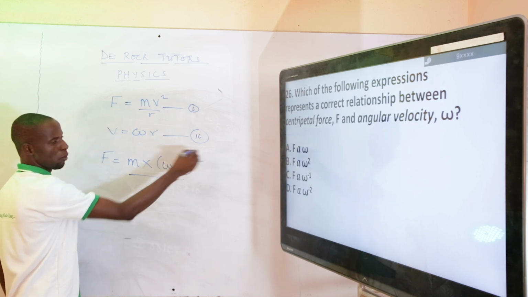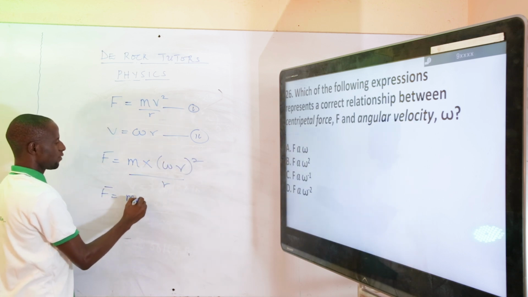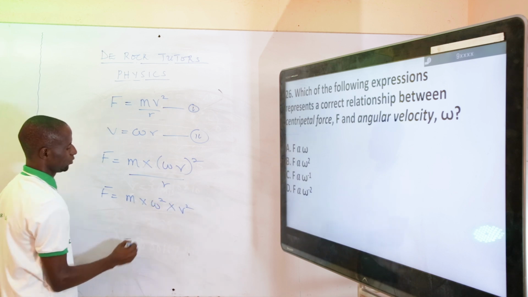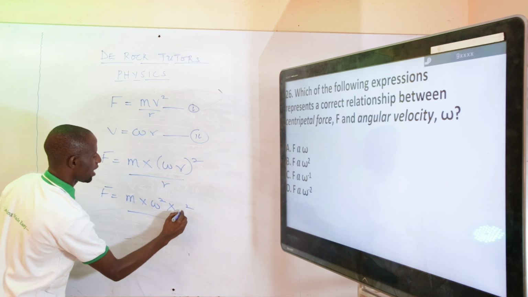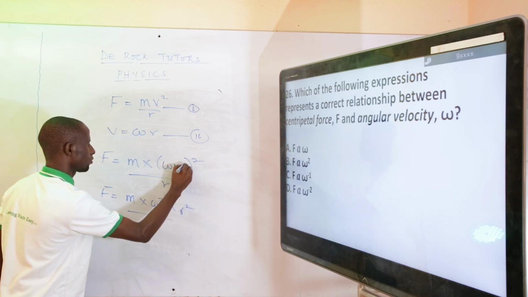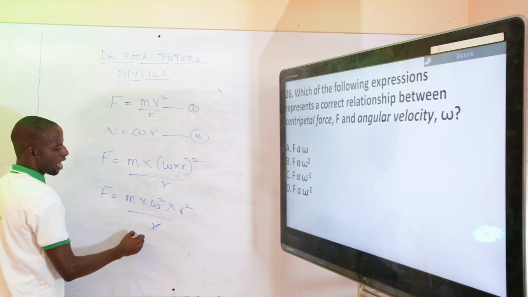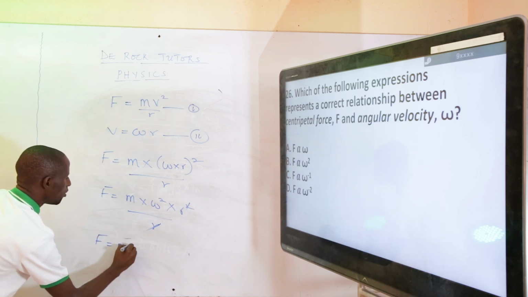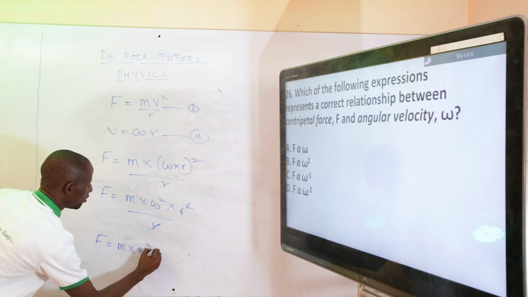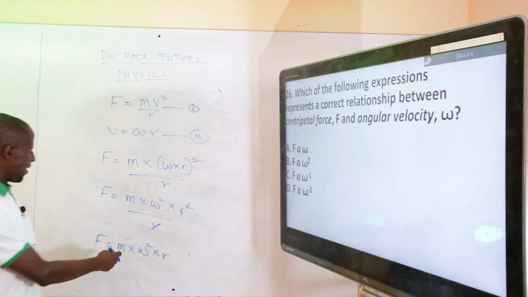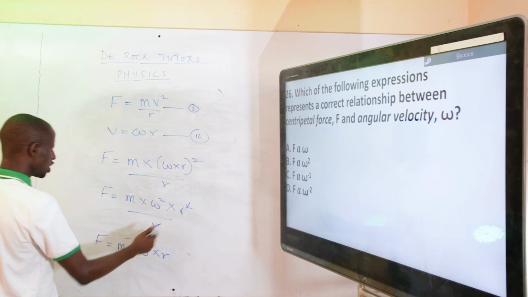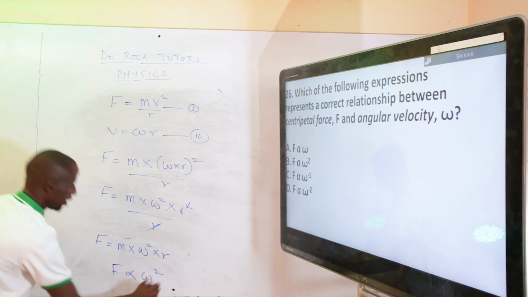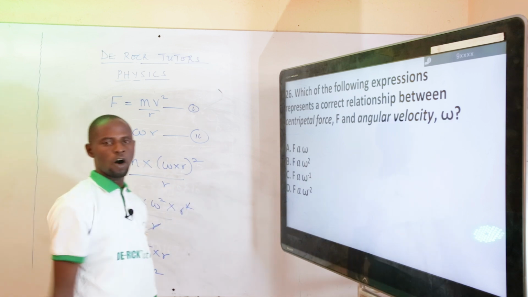When you open the square at the numerator, you have m multiplied by omega squared multiplied by r squared, divided by r. So r will cancel one r here, and we are left with F equals m omega squared r. Assuming m and r are constants, the relationship will be F varies directly as omega squared. So the correct option is option B.